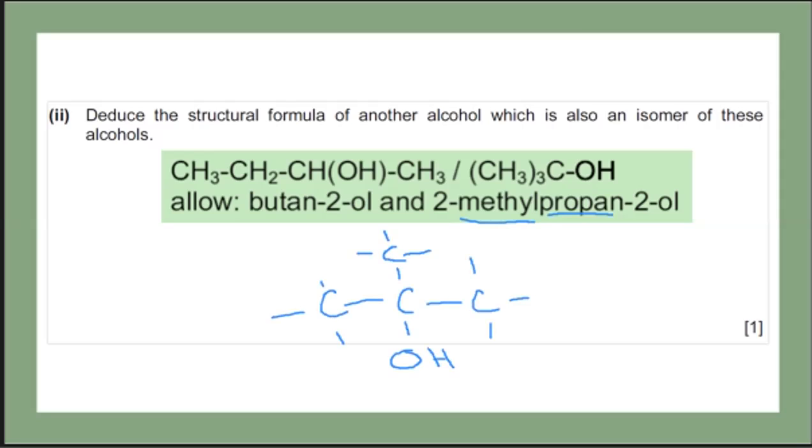So this is what the structure would look like if it was 2-methylpropan-2-ol. 2-methyl, because the methyl group is on the second carbon; propan, because we have 3 carbons present; and 2-ol because the OH group is on the second carbon.